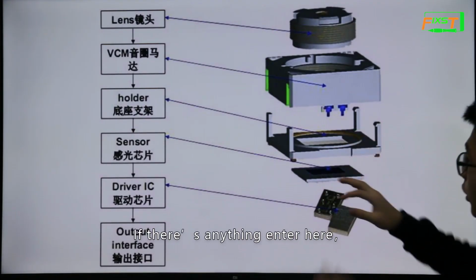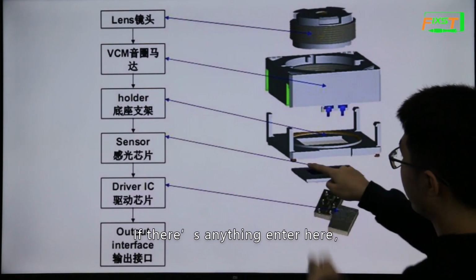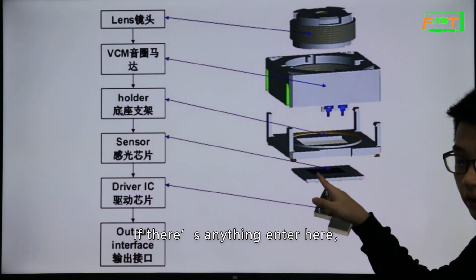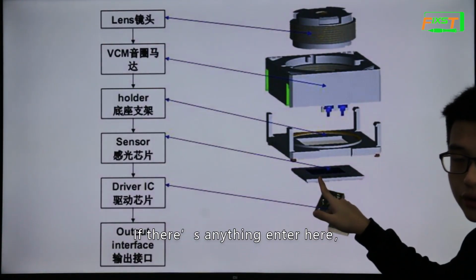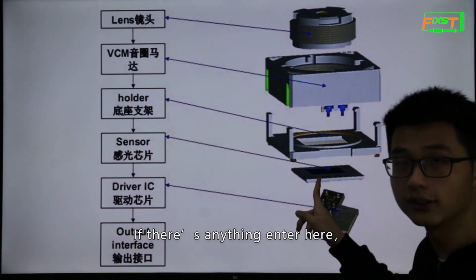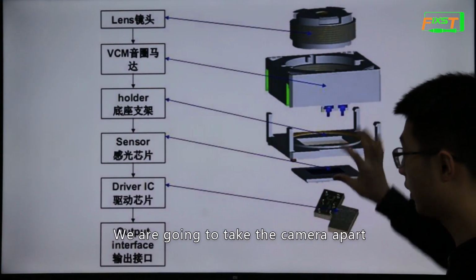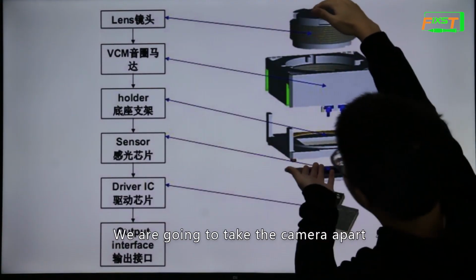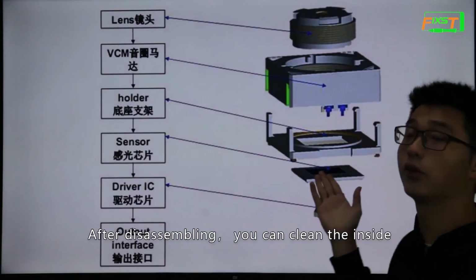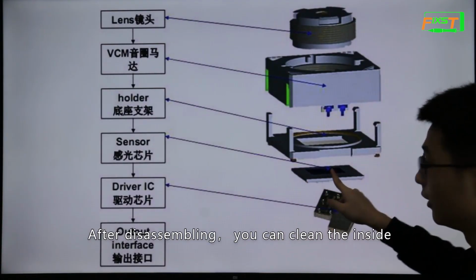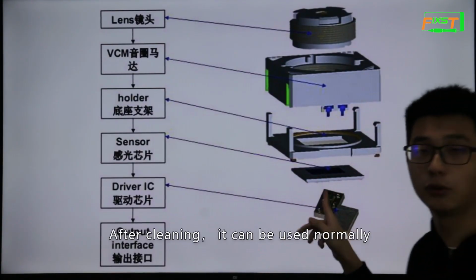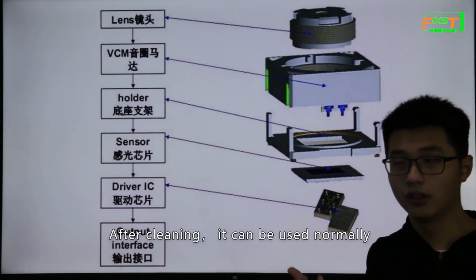If anything enters here, we need to take the camera apart. After disassembling, you can clean the inside. After cleaning, it can be used normally.